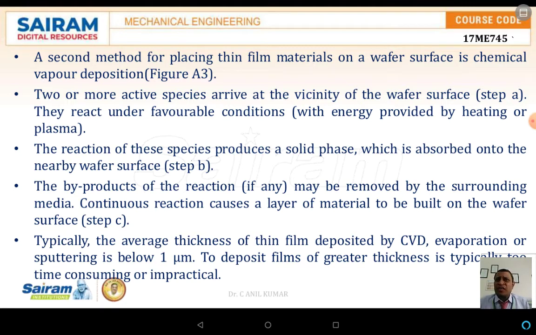The reaction of these species produces a solid phase which is deposited on the nearby wafer surface. The byproducts of the reaction are removed by the surrounding media. The continuous reaction builds up a layer of material on the wafer surface. The typical average thickness of thin film deposition in the case of CVD can be below 1 micrometer.